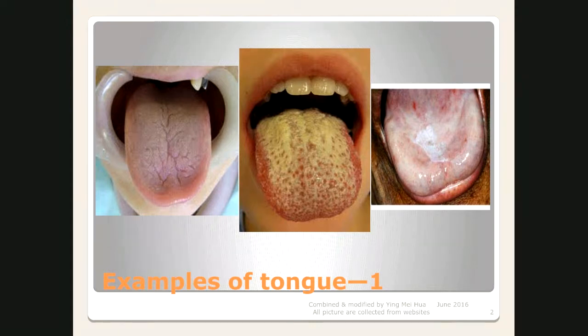How do you call that kind of very funny distribution of redness? Is it normal redness, or is it something different? Can you see this kind of tongue coating, which is not evenly covering the whole tongue? Yes, some part of the tongue body does not have sufficient tongue coating.